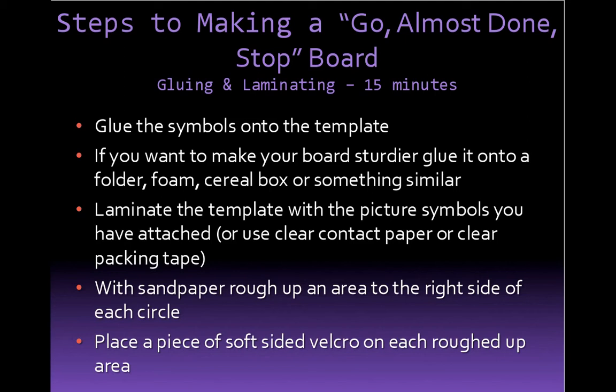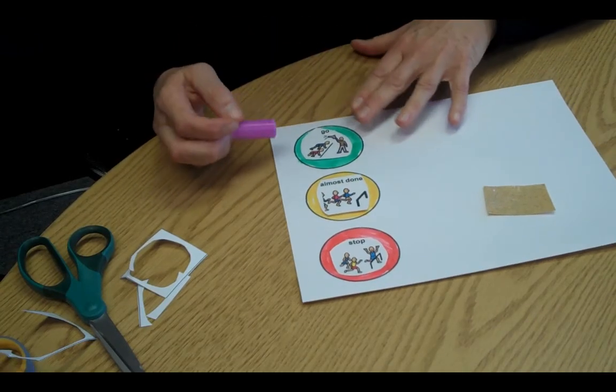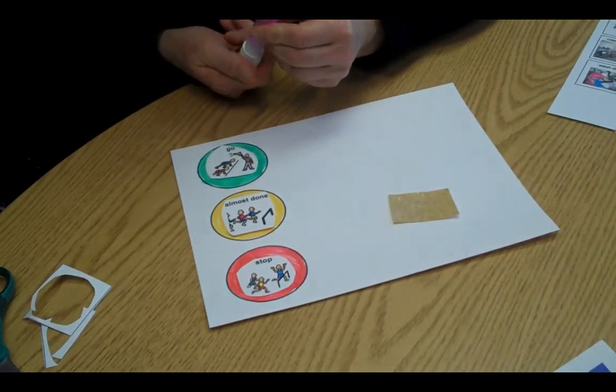And then we're going to laminate the template with the symbols glued onto it. And then we're going to prepare it to either use Velcro or tape or whatever we're going to use to help pictures stick to the board. Okay, so now we are going to glue our pictures down into their spots here.